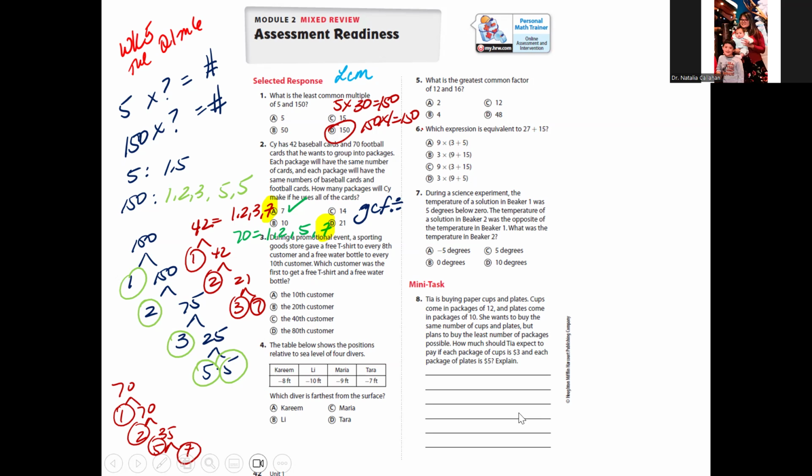So between 8 and 10, let's do the factorization tree. I want you to factor 8. Do the tree and show me. What times will give me 8? 8 is 2 and 4, then 2 and 2.